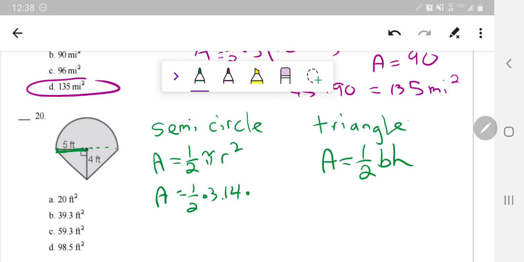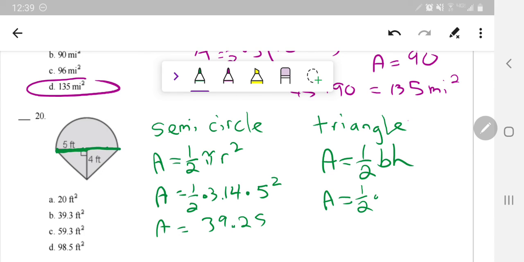The 5 goes halfway across the semicircle, so that is the radius. So that's going to be 5 squared. That gives me a total of 39.25.